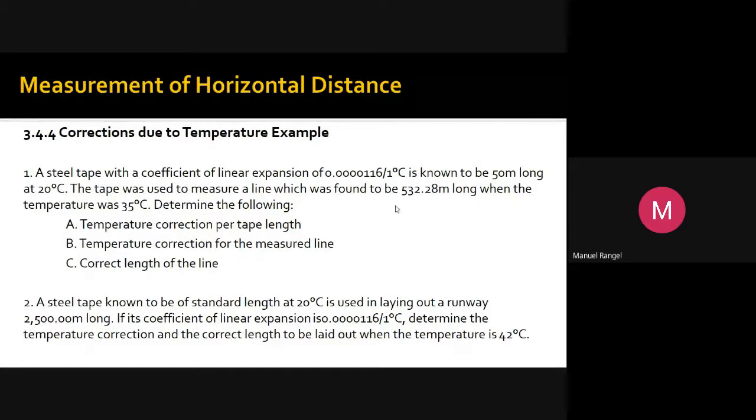So, the line is 532.28 meters long when the temperature was 35 degrees Celsius. So, for the first required is the temperature correction per tape length.